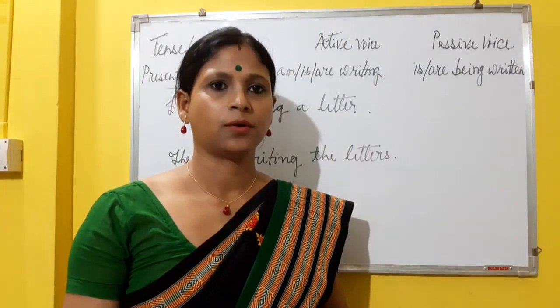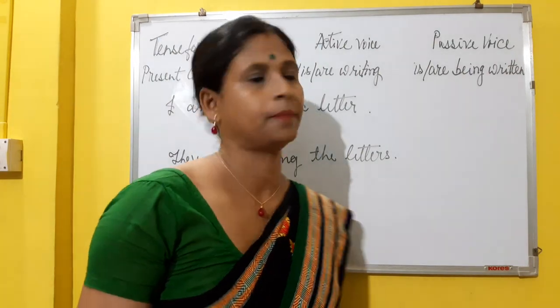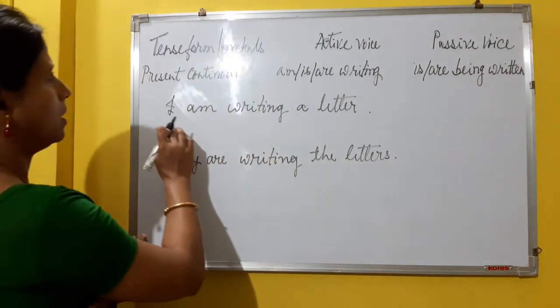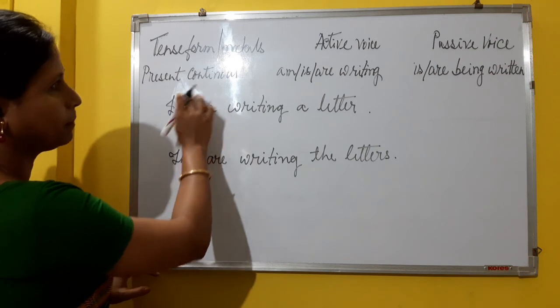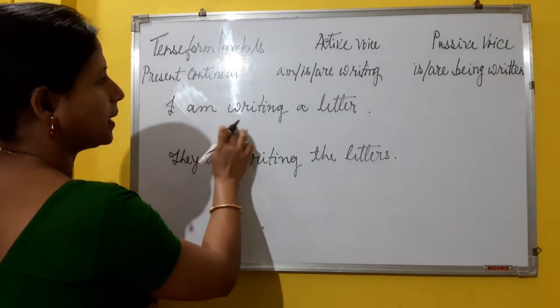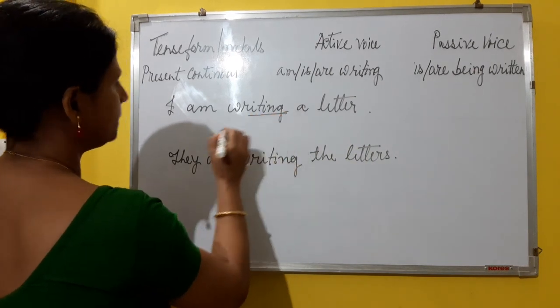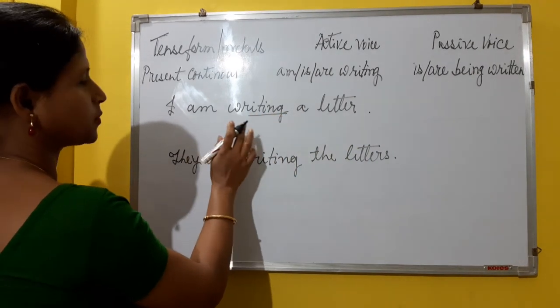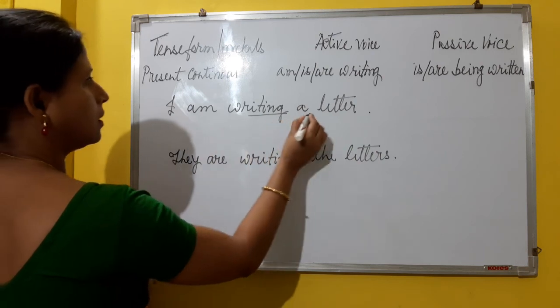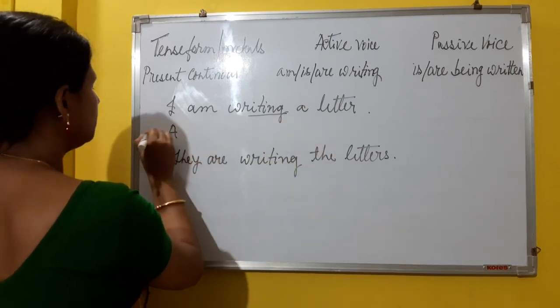Now we'll be changing voice in present continuous tense. See here, present continuous tense. I am writing a letter. Writing, ing. So you will know that this is present continuous. Of course, a letter will come here.